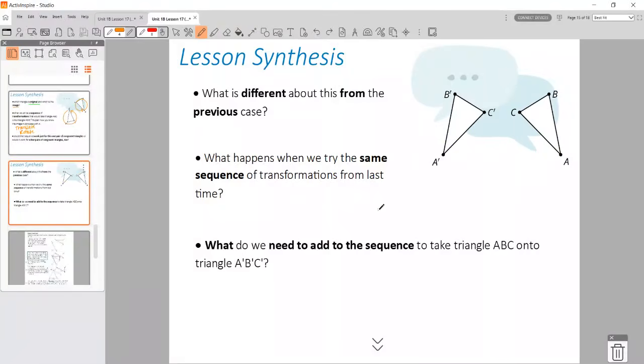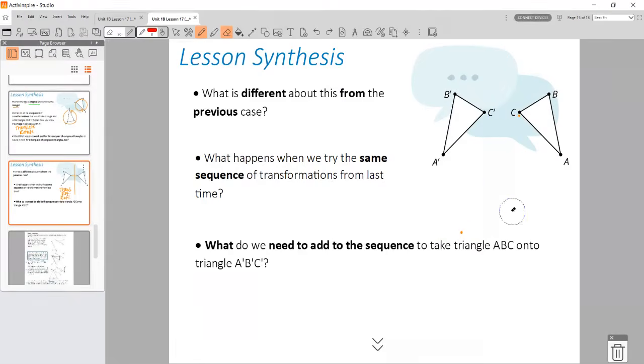That's going to work every single time. Or you can say reflect over the perpendicular bisector of CC prime or BB prime. So you could say it like that instead of writing everything out.